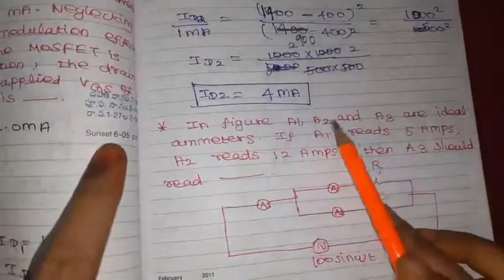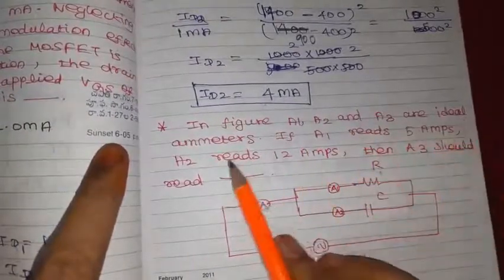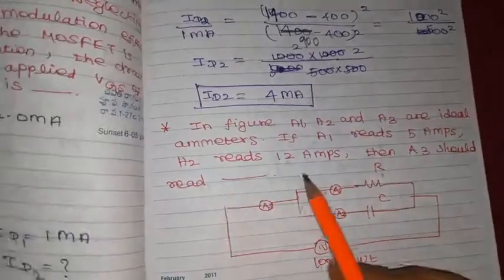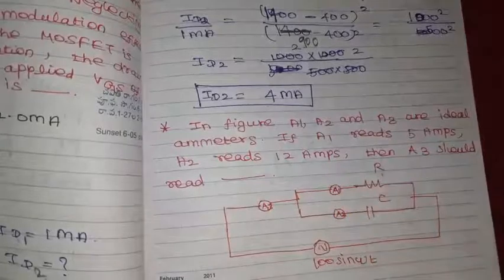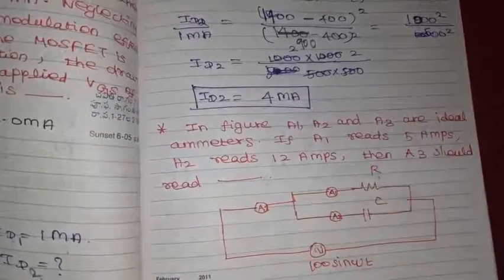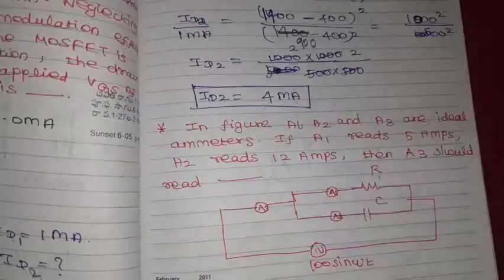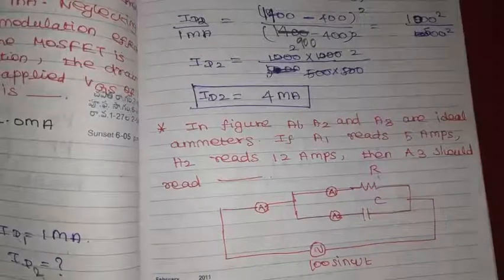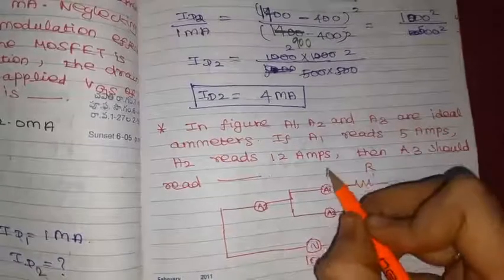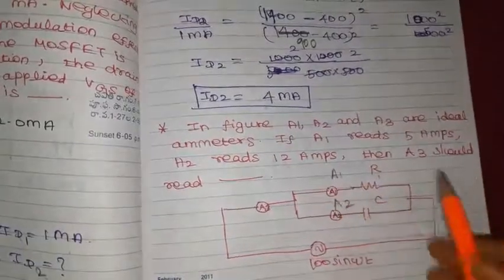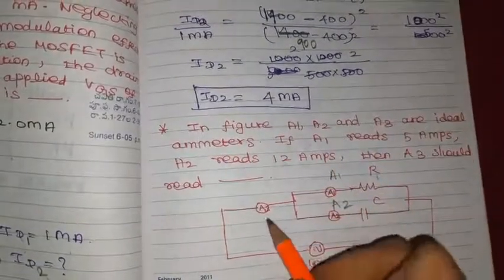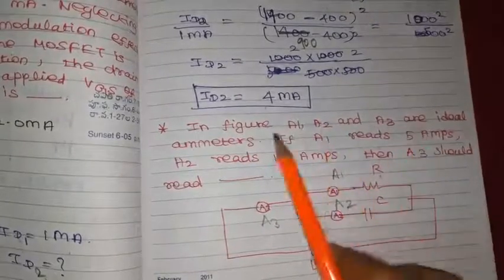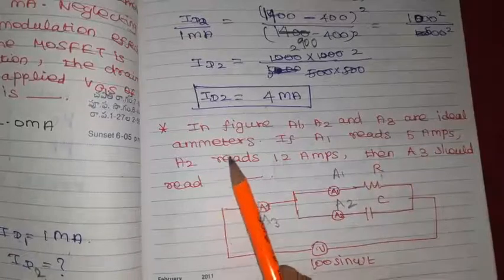In the figure, A1, A2 and A3 are identical ammeters. If A1 reads 5 amperes and A2 reads 12 amperes, then A3 should read. See the figure: this is A1, this is A2, this is A3, all three identical ideal ammeters.